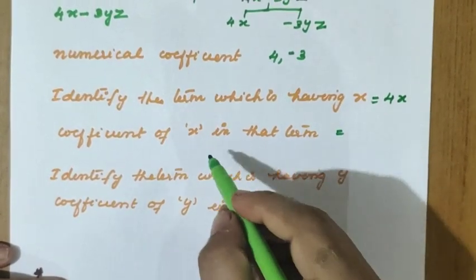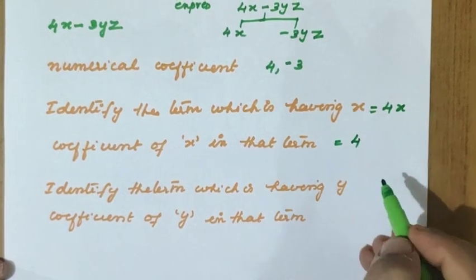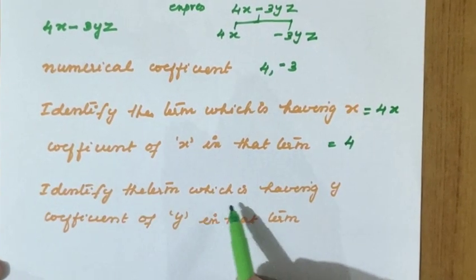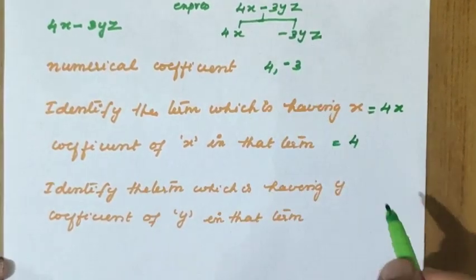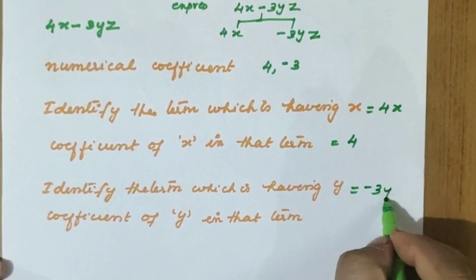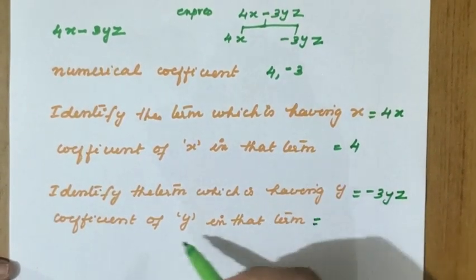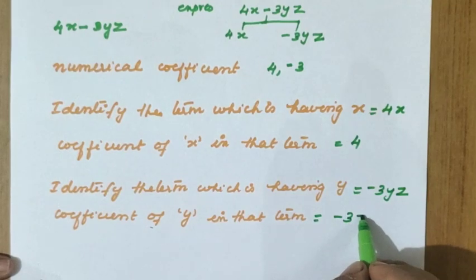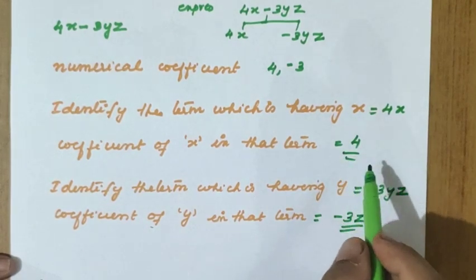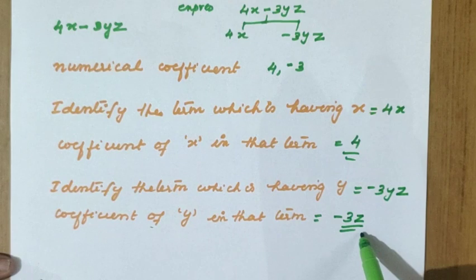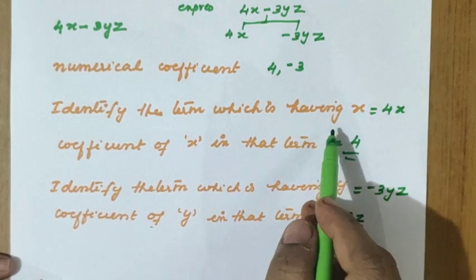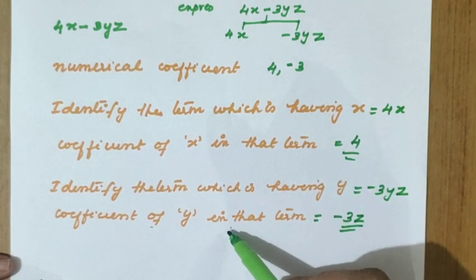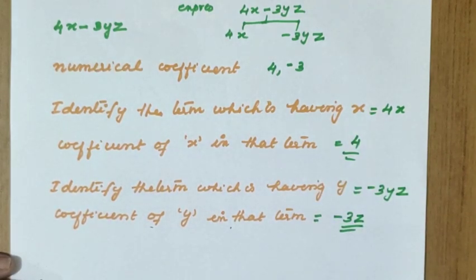Now from this, what is the coefficient of x? It is 4. That means it is a numerical coefficient. Now identify the term which is having y, which is the term minus 3yz. Now the question is, what is the coefficient of y? Other than y, minus 3z. So in the first case we got 4 and in the second case we got minus 3z, because the questions were asked for the coefficient of the term containing x and the term containing y.